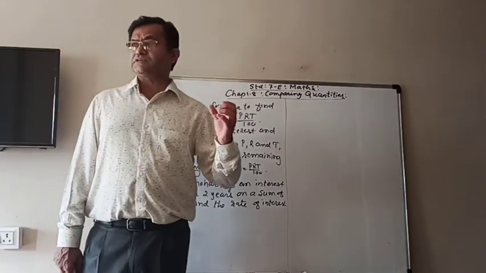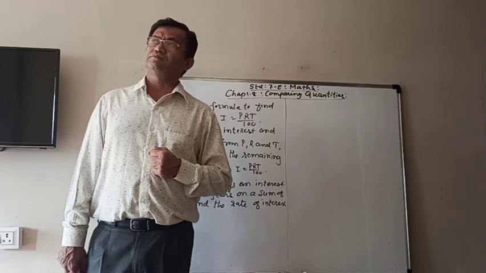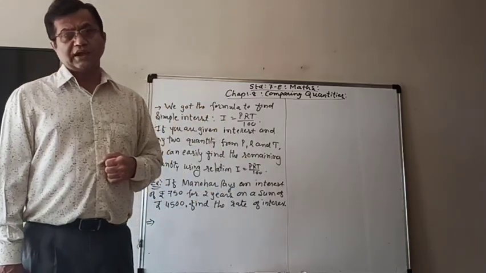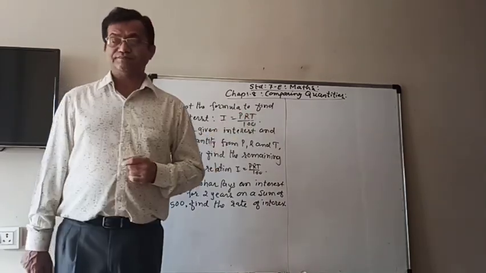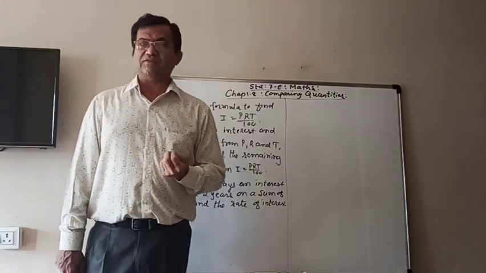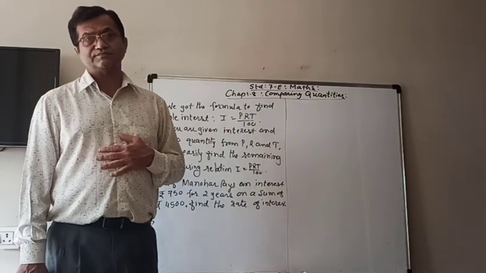Now sometimes the interest is given, and from P, R and T, any two of those quantities are given, and we have to find the remaining quantity.